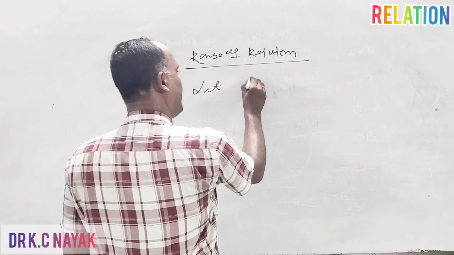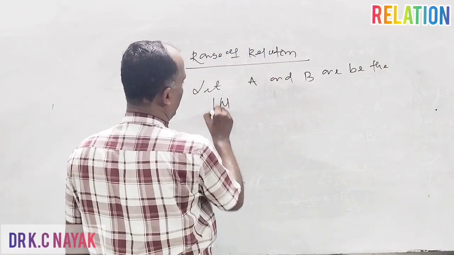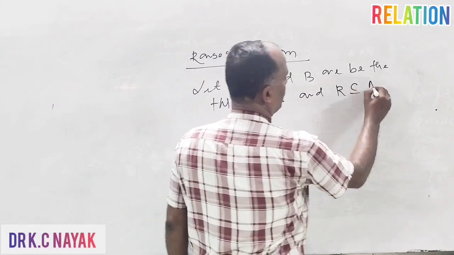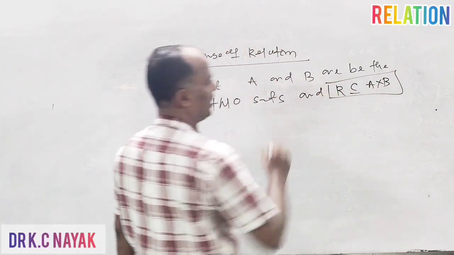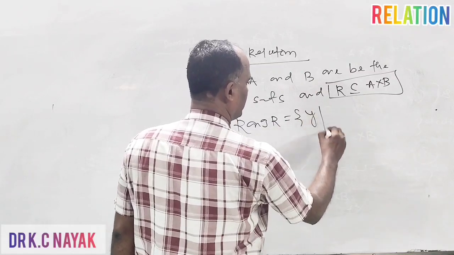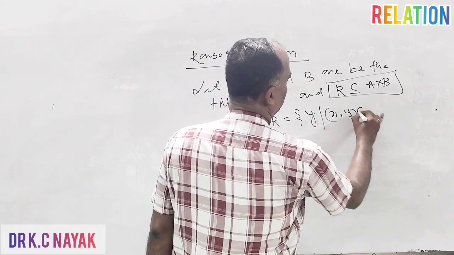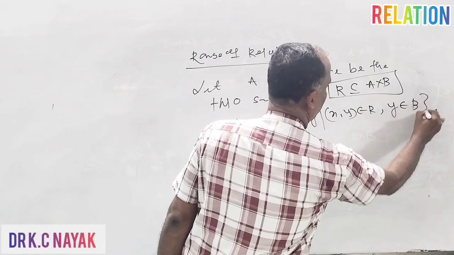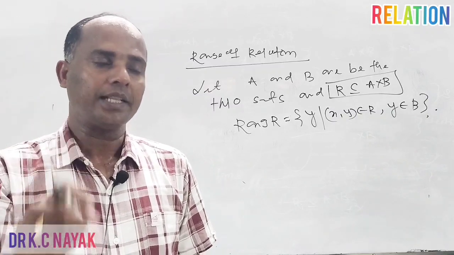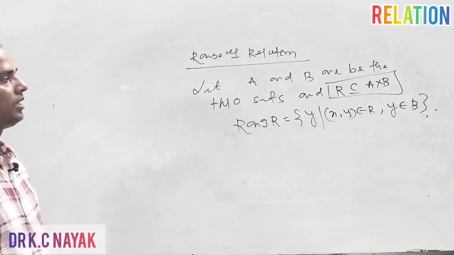Let A and B be two sets, and R is a subset of A cross B. Then the range of the relation is the set of Y such that (X, Y) belongs to R, and Y belongs to B. That means those elements of set B that are associated with elements of set A are represented as the range of the relation.